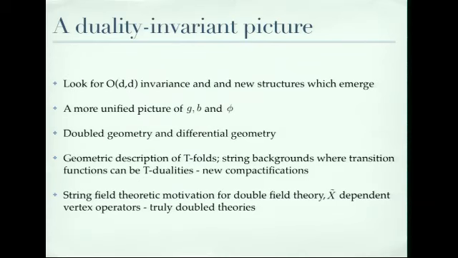And part of the motivation for this kind of formalism is that it could allow you to have a geometric description of certain kinds of string backgrounds, such as T-folds.